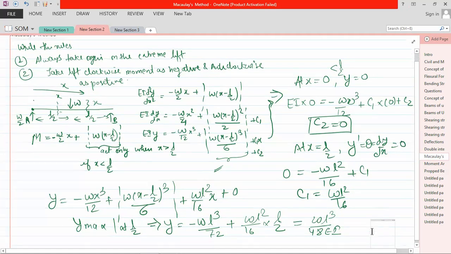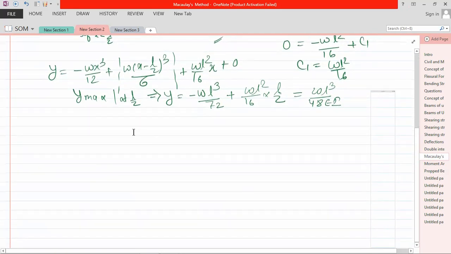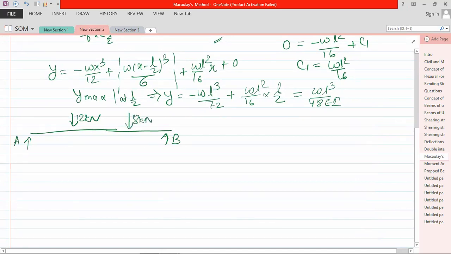Suppose I'm just giving you a question. Let me give you this question. Suppose this is A, this is B, and you have 12 kilonewton at this point and 8 kilonewton at this point. The length is 6.5.